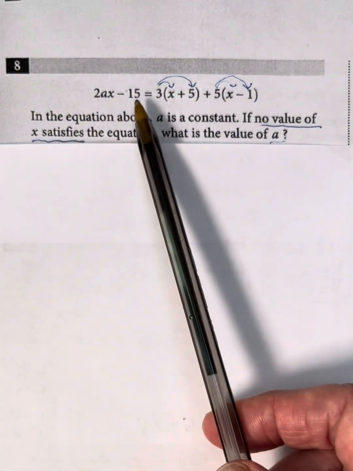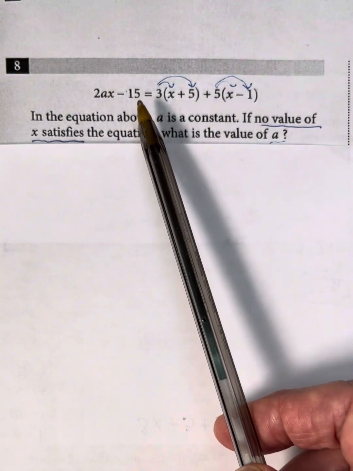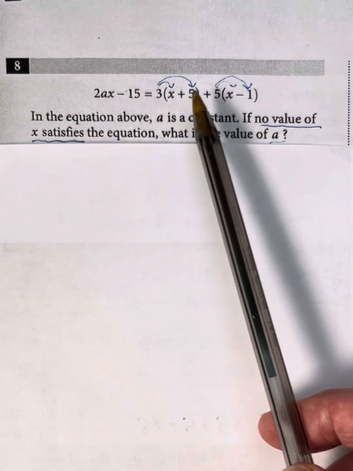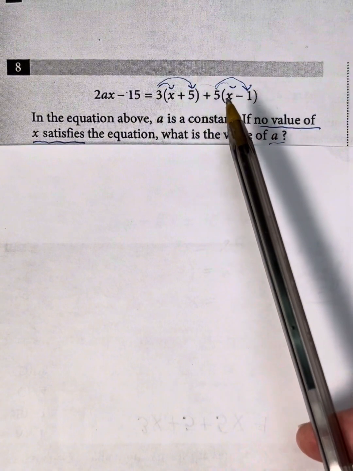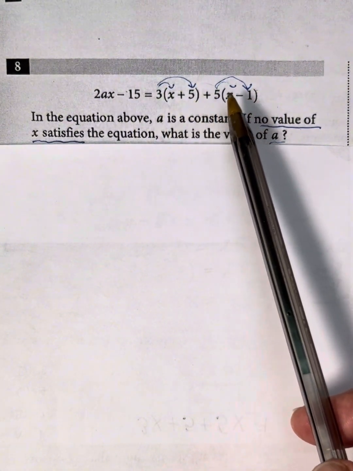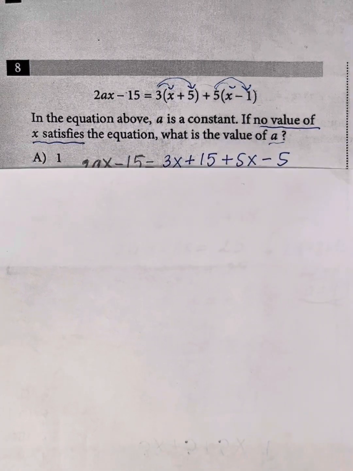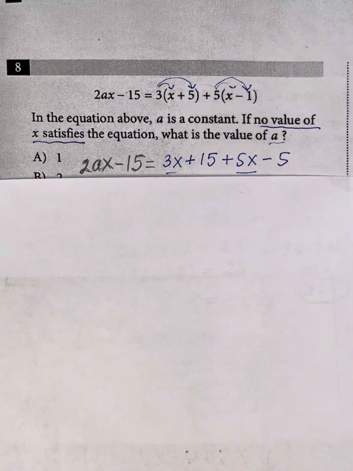On the left side of this equation, nothing we can do at this step, so just leave it alone. But on the right side, some work can be done. We can distribute or open parentheses and combine like terms. That's what we want to do as our first step.